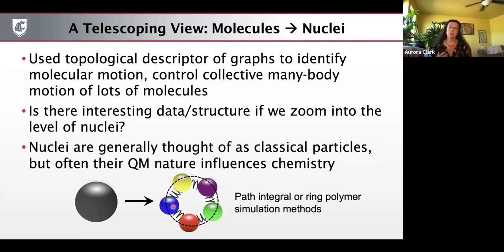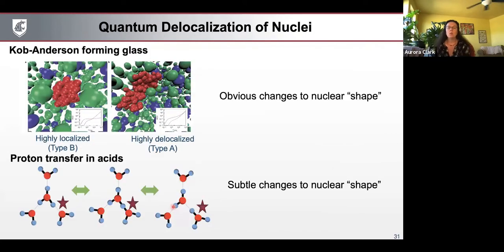And this simulation approach is called path integral or ring polymer molecular dynamics simulation methods. Because of wave particle duality, the position of the nucleus can smear out, and by having this ring polymer approach, we can mimic that smearing out. And so what we wanted to understand was quantum delocalization in nuclei and understand the shapes of nuclei as they were undergoing different processes.